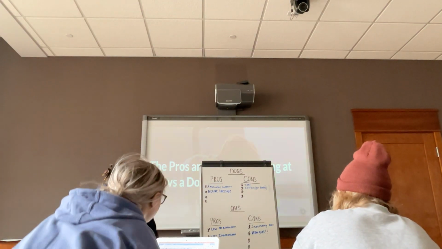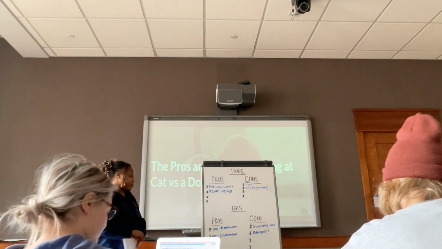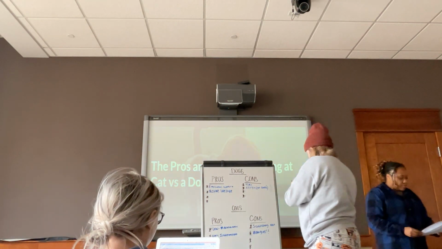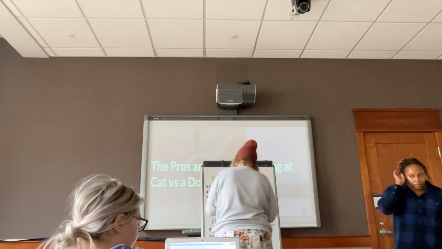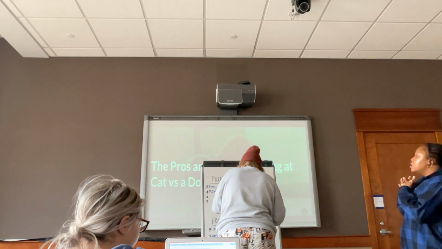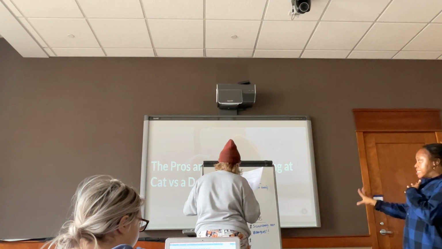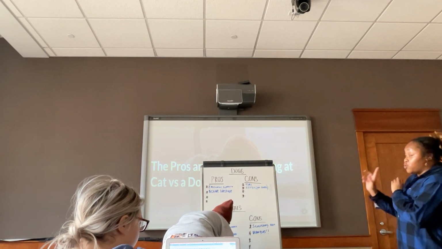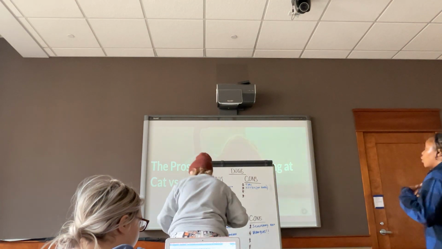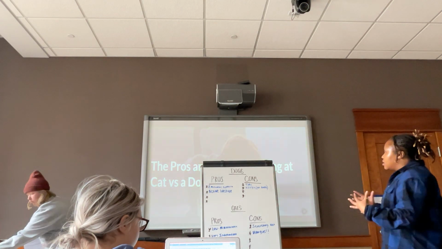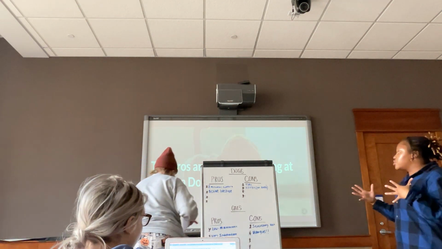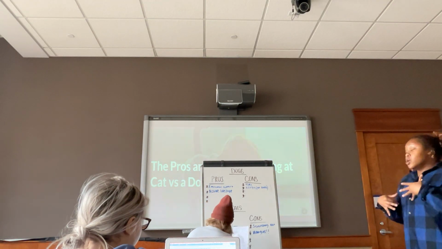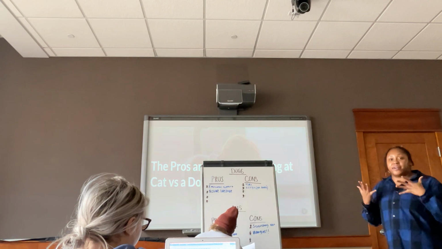All right, Annalise, if you don't mind, very quickly write down what you've gotten. Remember that these are reasons for your stance that you will soon pick. A reason to like dogs would be their emotional support and active lifestyle. A reason to like cats would be them being low maintenance and very independent.